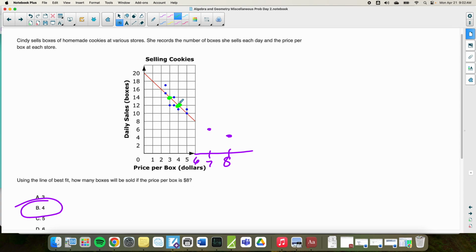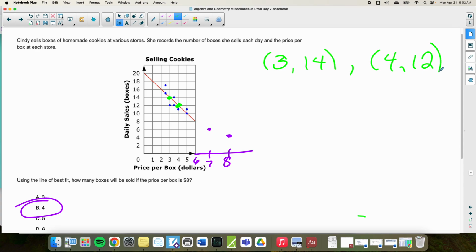This point is (3, 14), and this point is (4, 12). Do you guys remember how to write an equation given 2 points?